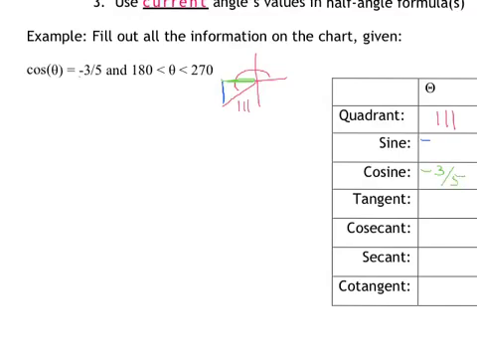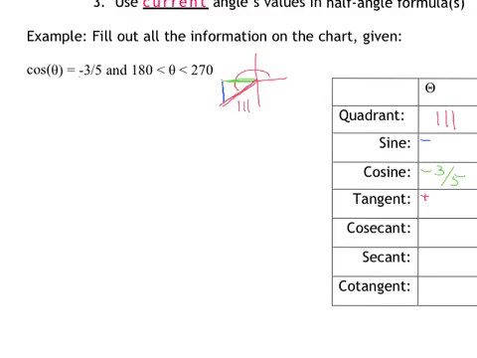Tangents, I like to think of tangents as the slopes, and this slope is definitely positively sloped, so it will be positive. Another way of determining the sign of tangent is tangents are sines divided by cosines, and sine is negative and cosine is negative, and so the tangent will have to be a positive.